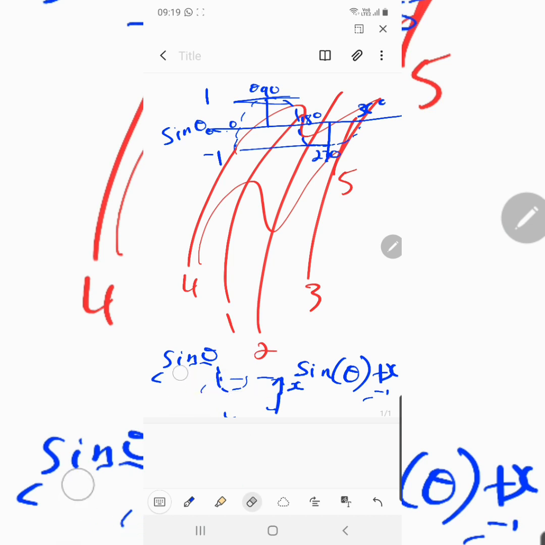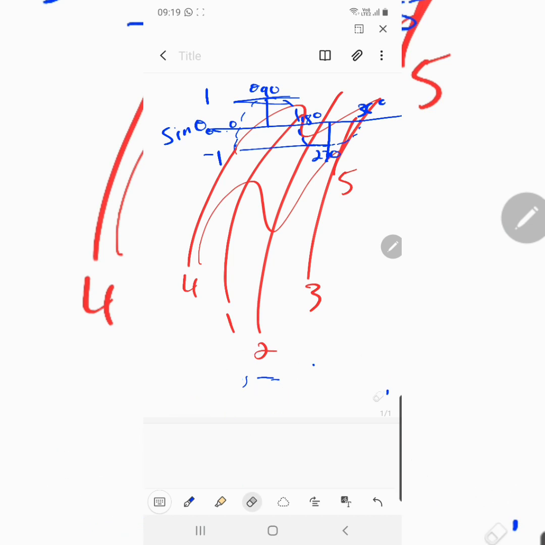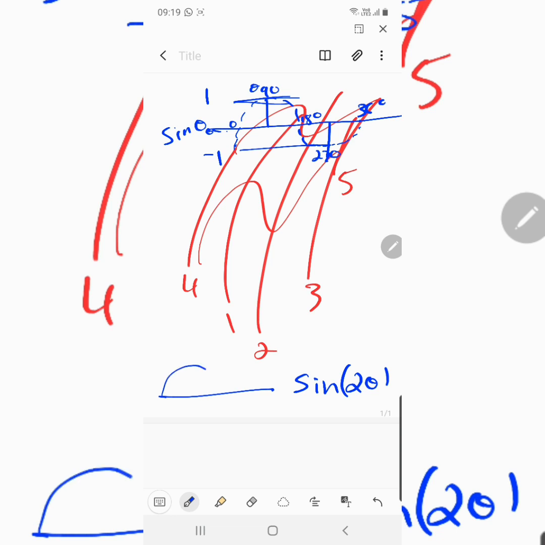But that slant bit could be something related to sine of theta, a horizontal compression. So say sine 2 theta, that would be something like this, and then it goes.